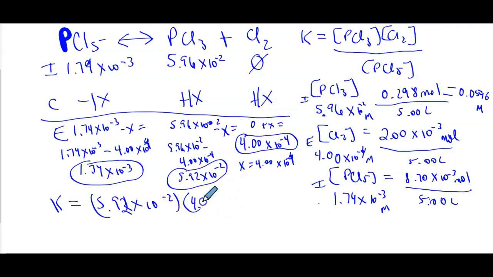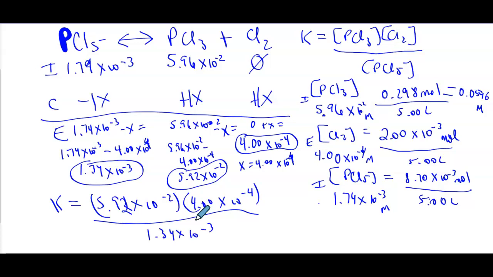Cl2 was 4.00 times 10 to the negative fourth over PCl5, which is 1.34 times 10 to the negative third. Okay, so let's see what that is. 5.92 times 10 to the negative second, times 4.00 times 10 to the negative fourth, divided by 1.34 times 10 to the negative third.